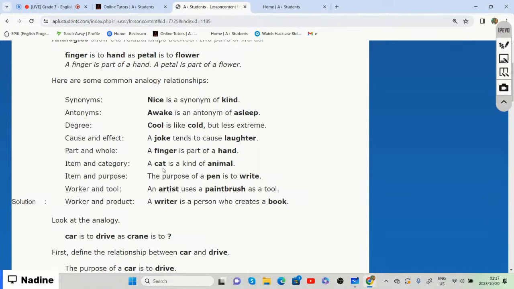So if you make a joke, then someone will end up laughing, because that is what jokes usually cause. They tend to cause laughter. Part and whole. And we said a finger is part of a hand. One finger is part of a whole hand. One toe is part of a whole foot. One petal is part of a whole flower.